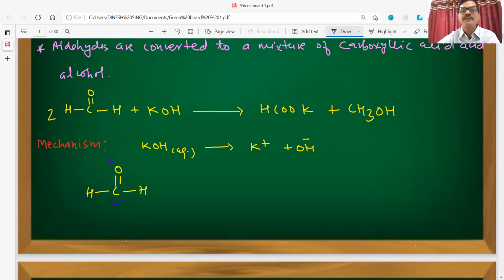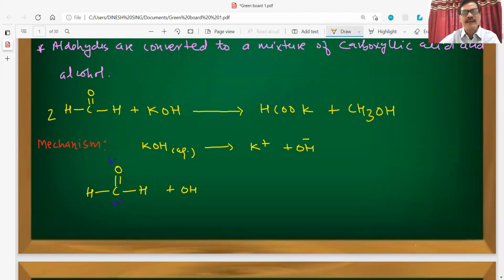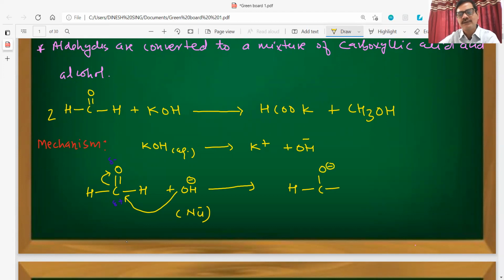So this OH minus will attack as a nucleophile at this carbon atom. So when it is releasing electrons, this is undergoing cleavage. So we are getting HCO minus. This is H and OH.